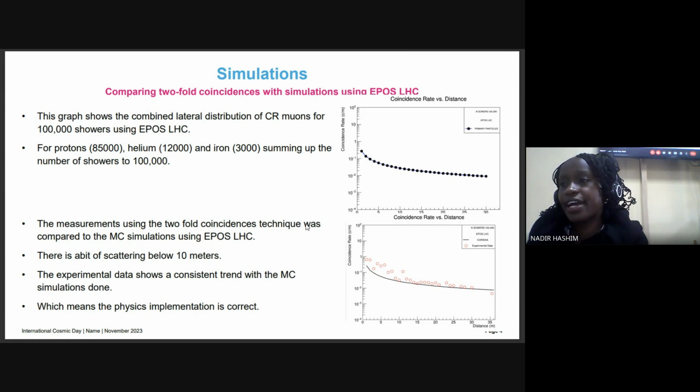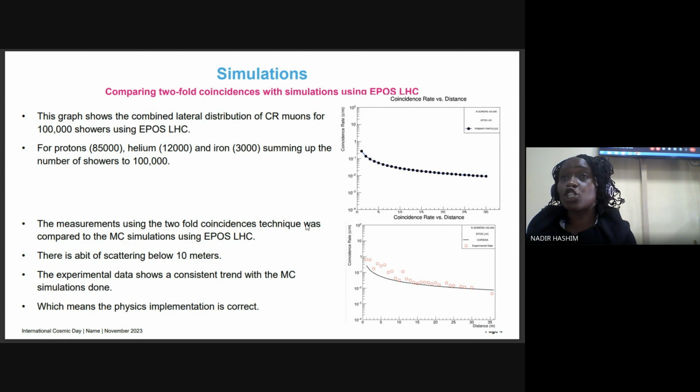Okay. And then there is something you can note that below 10 meters, there is a bit of scattering. The shower core is known to be 10 meters. So along the shower core for the EAS, there is multiple scattering there.